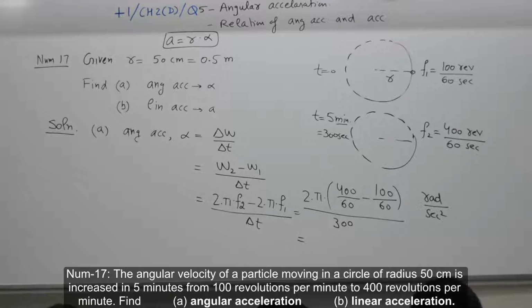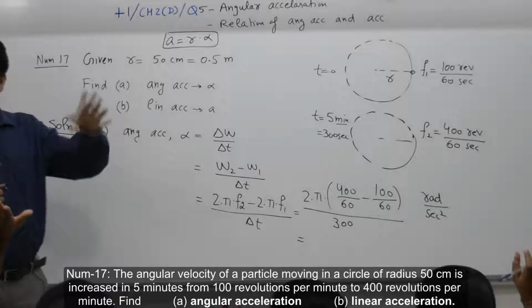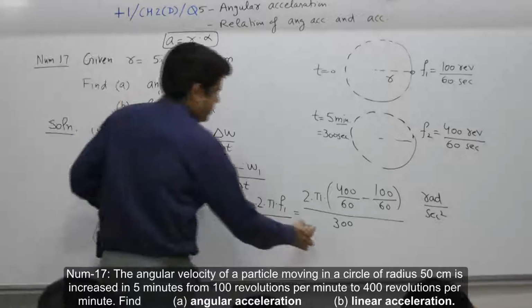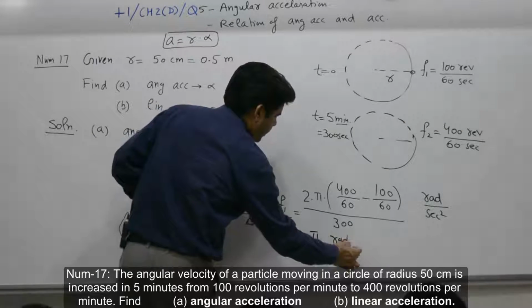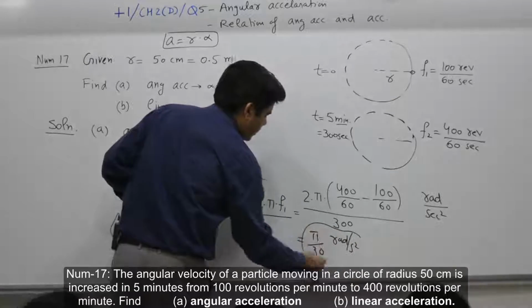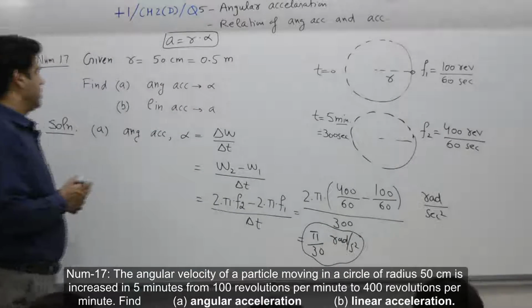The answer has to be in SI units, radian per second square. Pi by 30 radian per second square is the answer.